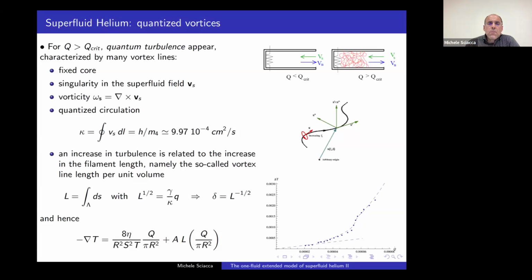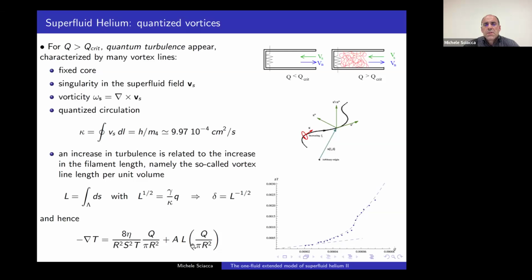When the turbulence increases, it is expected that the length of these vortex filaments grows, and for this reason you can define vortex line density L, which is the length in a small volume inside the channel. This is a classical approach.